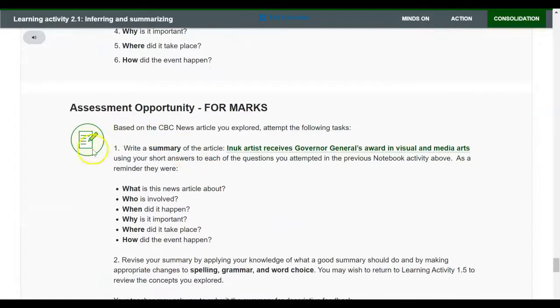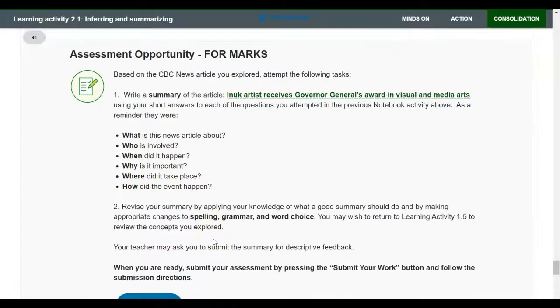Now, here is what you are going to be submitting for marks. Based on the news article that we just read, I want you to write a summary using your short answers to each of the questions you attempted in the previous notebook activity: who, what, when, why, where, and how. Make sure you're looking at your spelling, grammar, and word choice and using your own words.